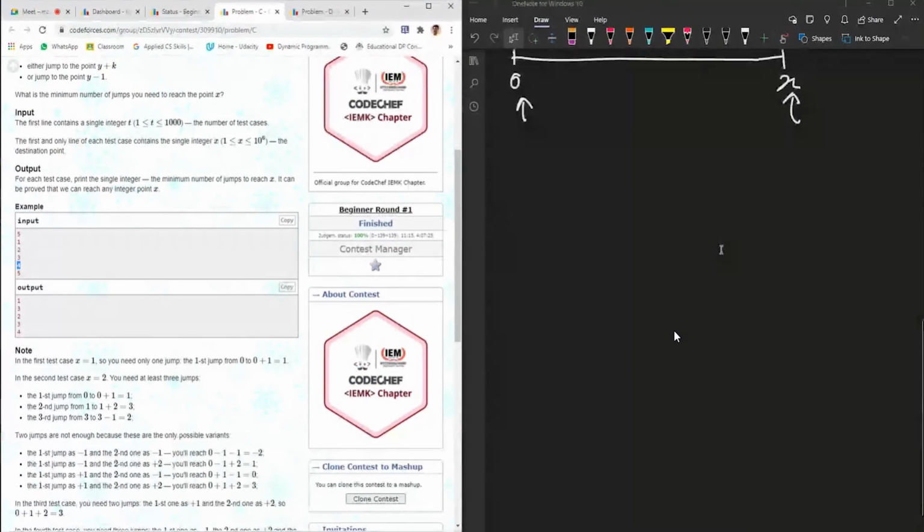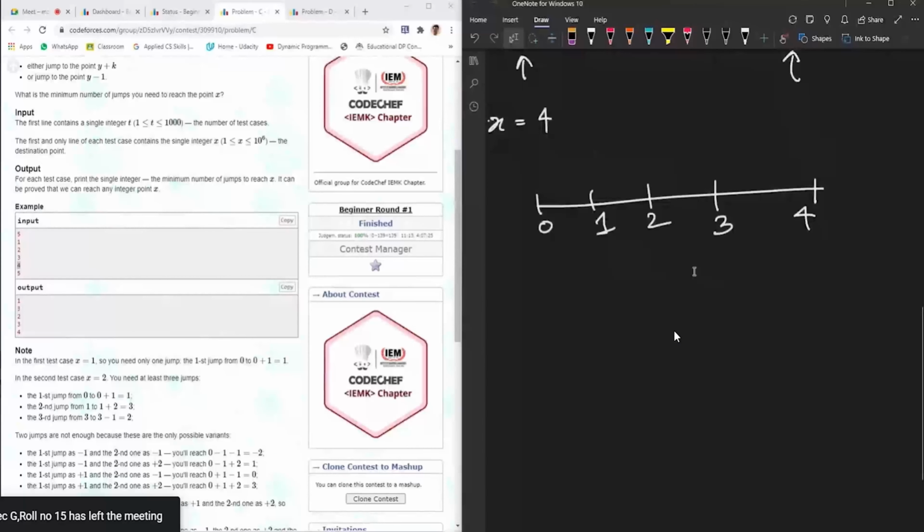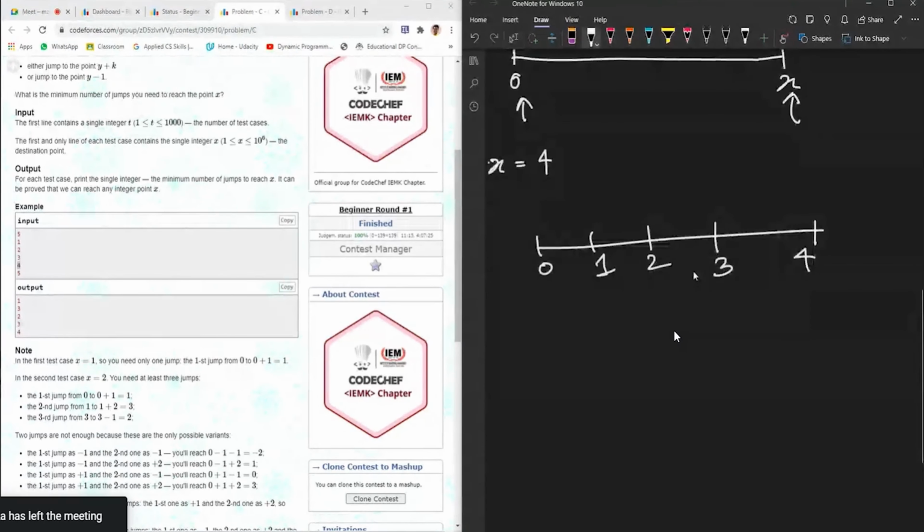Let us say when x is equal to 4, this is the number line 0, 1, 2, 3, 4. In the first case, suppose I go from point 0 to point 1, I make my first jump.